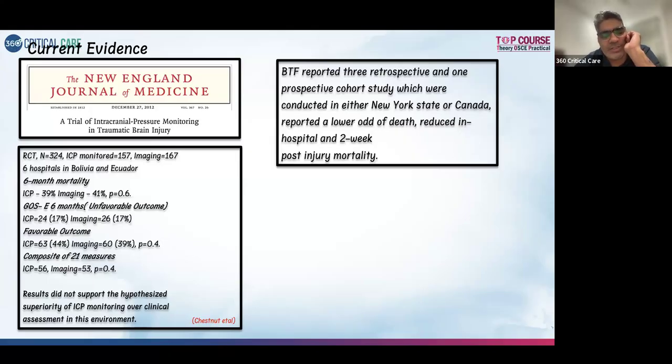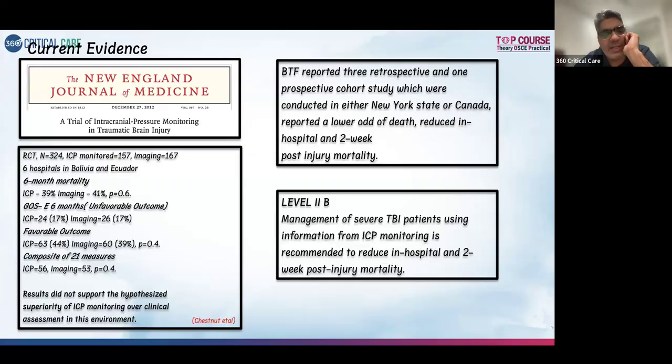So the majority of the recommendation from the Brain Trauma Foundation is based on these papers, and they gave a level 2B recommendation saying that management of severe TBI patients using information from ICP monitoring is recommended to reduce the in-hospital and 2-week post-injury mortality, based on these 3 or 4 trials.